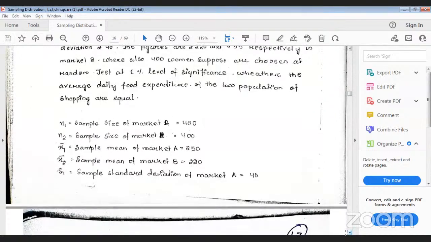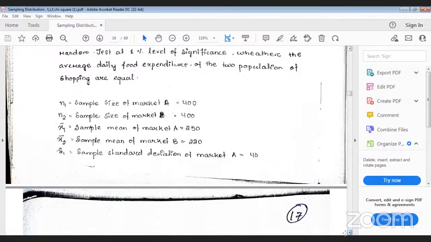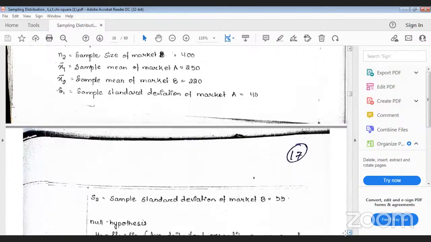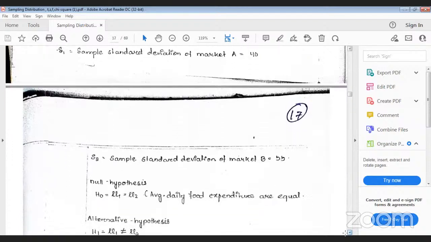So n1 is given as 400, the sample size for market A, and n2, the sample size of market B, is also 400. X1 bar, the sample mean of market A, is 250, X2 bar for market B is 220. The sample standard deviation of market A is 40, and of market B it is 55.